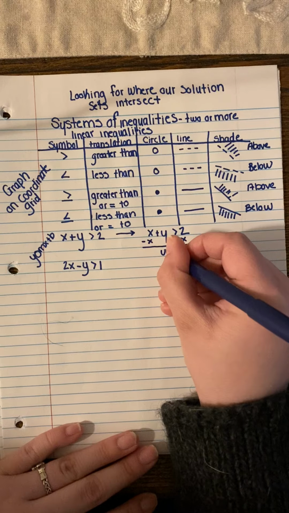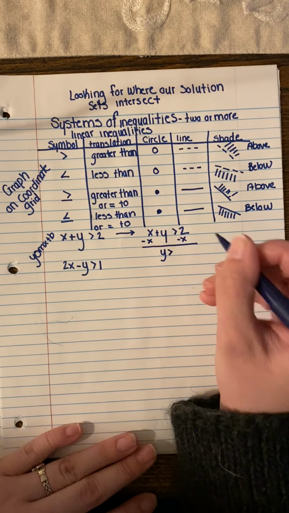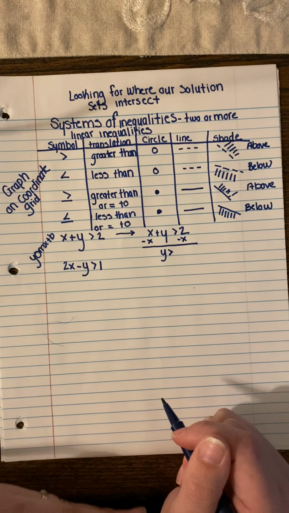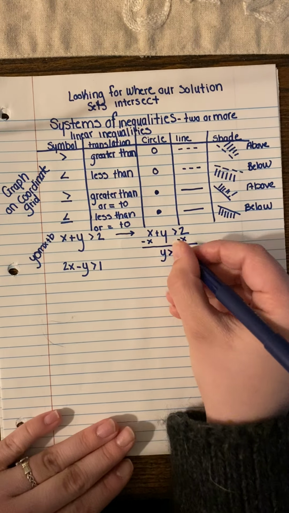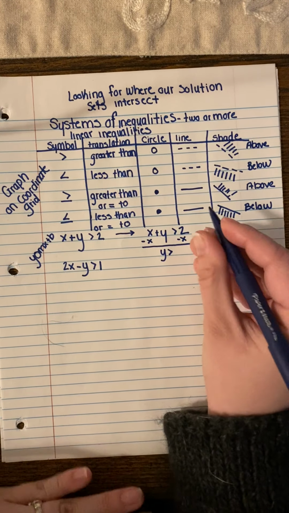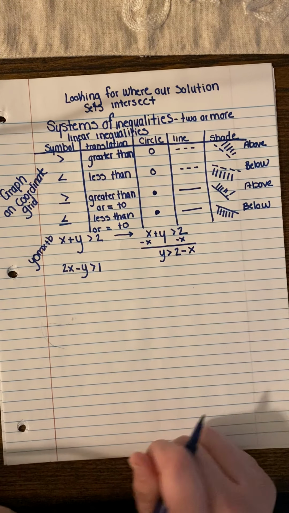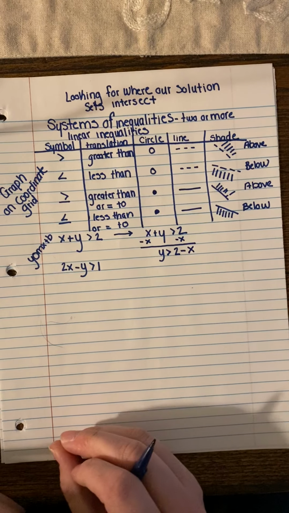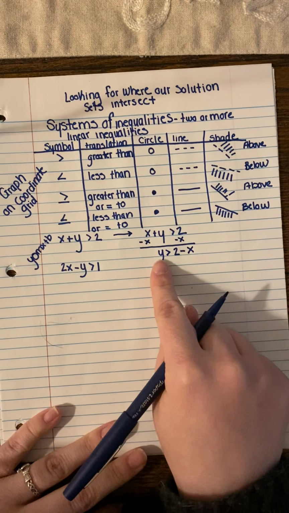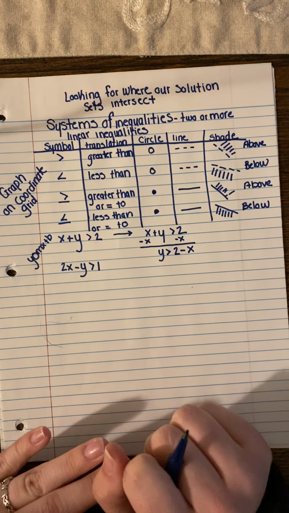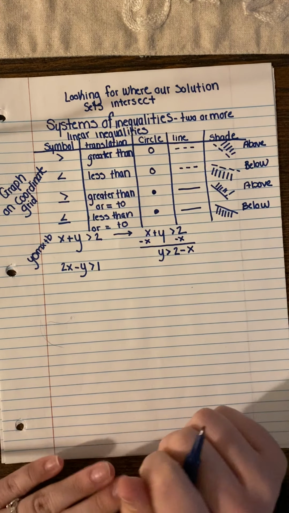And we get y is greater than, you could have negative x plus 2 or 2 minus x. It doesn't matter the order. Okay, commutative property. So I'm going to put 2 minus x. All right, we can graph that, now that it's in our y equals mx plus b form, our slope-intercept form, okay?